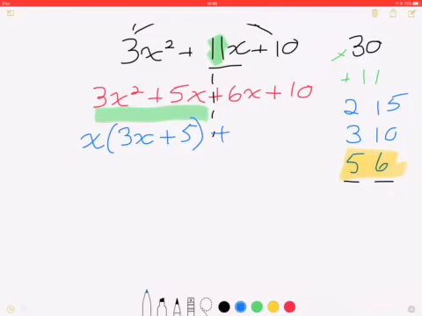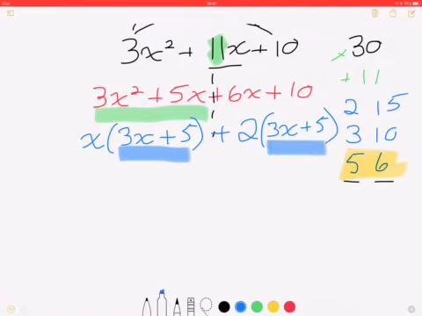Right, well, I can take 2 out of both of those, so I'm going to take a 2 out, and 2 times 3x gives me 6x, and 2 times 5 gives me 10. At this point I'm really happy because I've got the same brackets in both of them, the same factor.